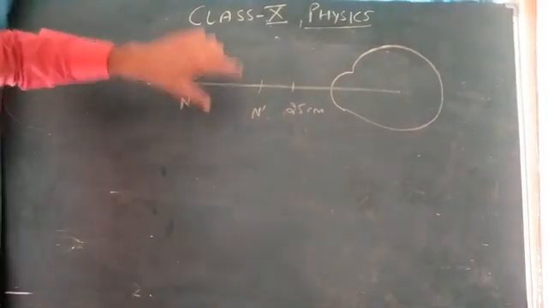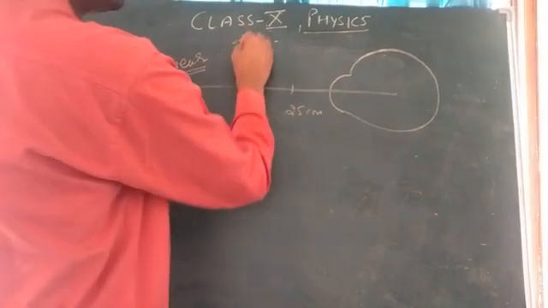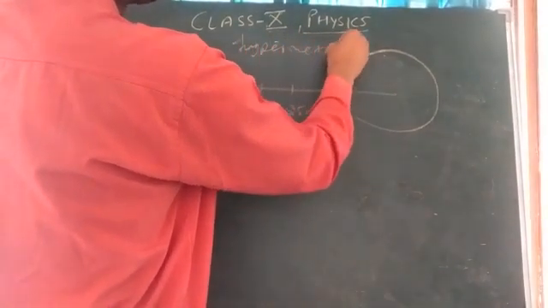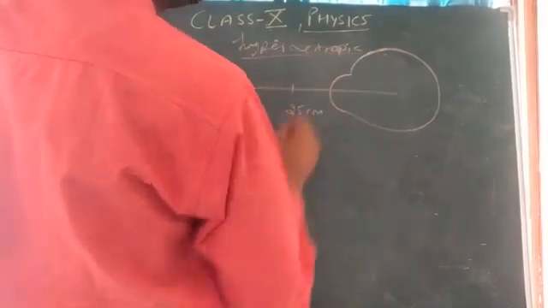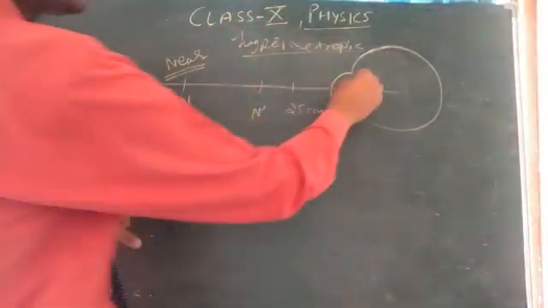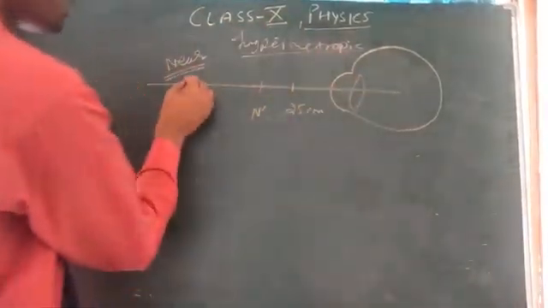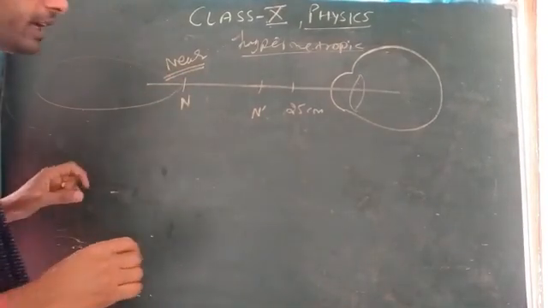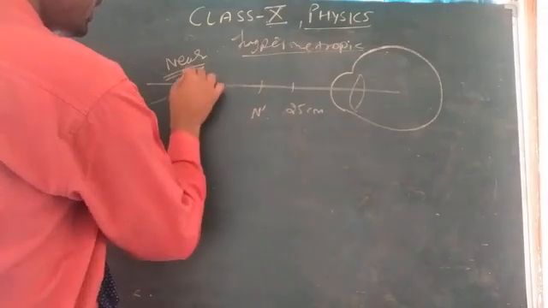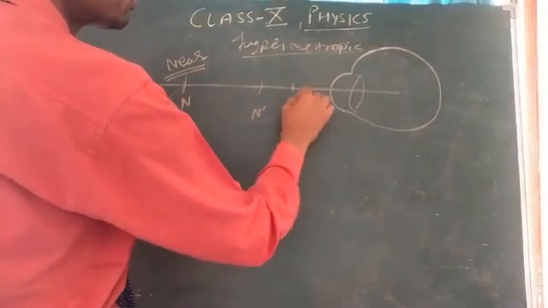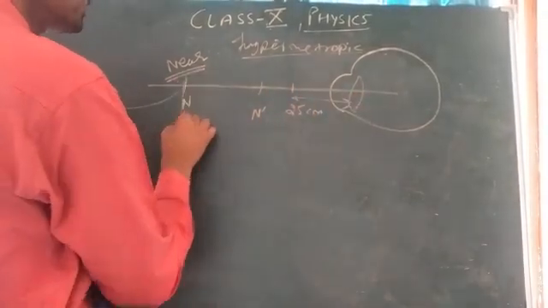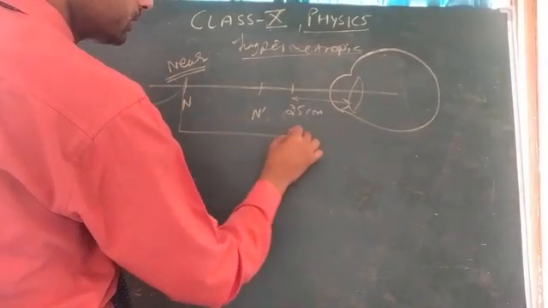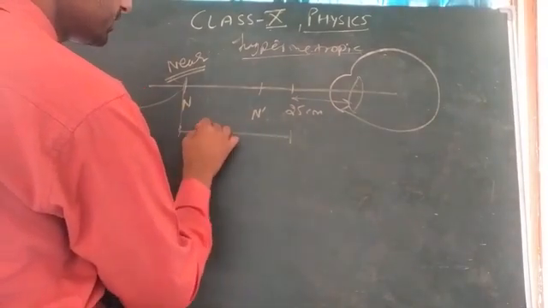This is a hypermetropic eye. This eye can see objects beyond this near point clearly, but is unable to see any object between 25 and this near point. It is unable to see the object placed in this region.